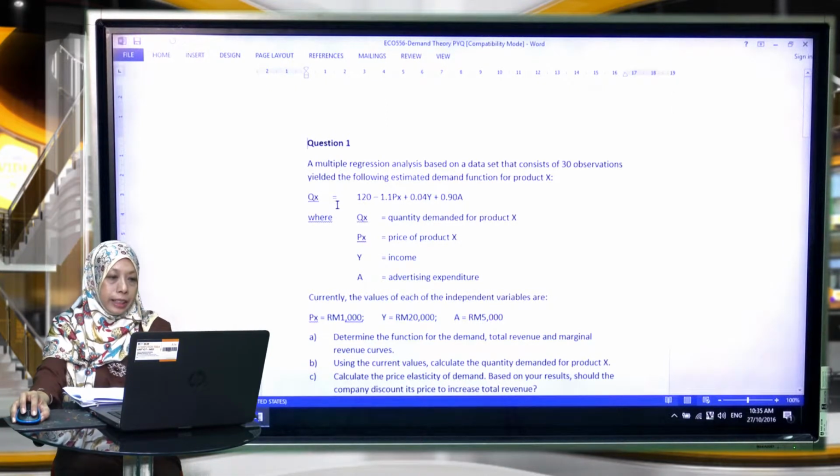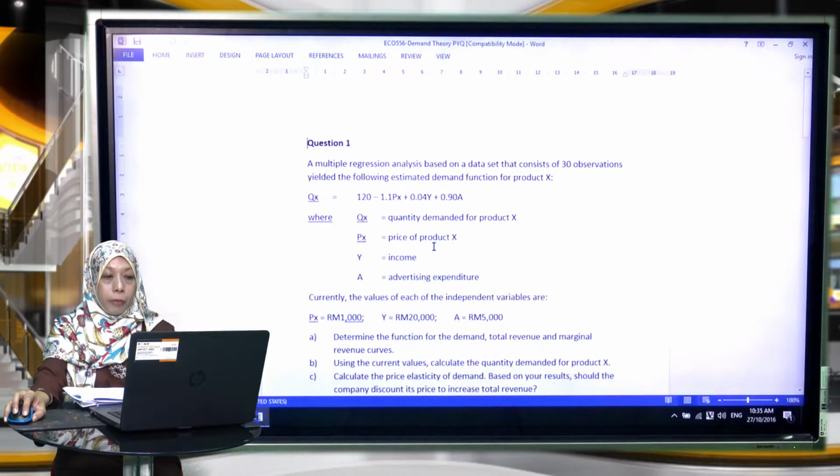There is a case here: a multiple regression analysis based on a data set that consists of 30 observations yielded the following estimated demand function for product X. Qx equals 120 minus 1.1 Px plus 0.04Y plus 0.90A. Qx here represents quantity demanded for product X.